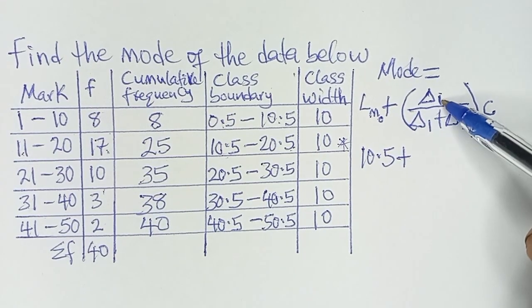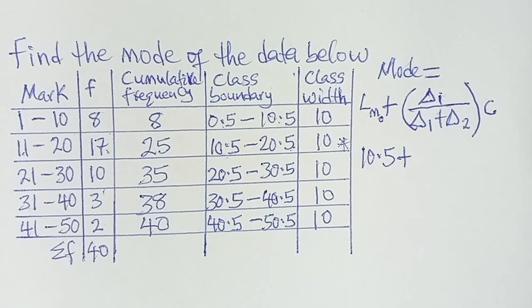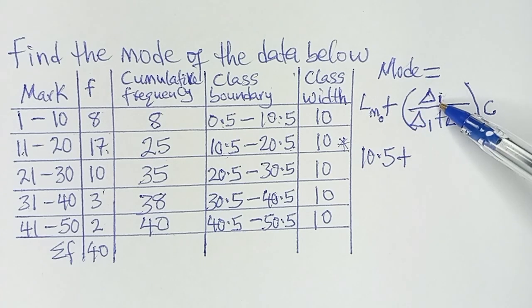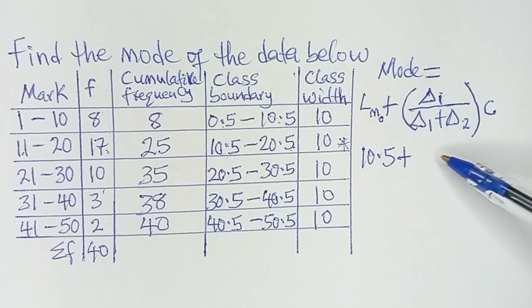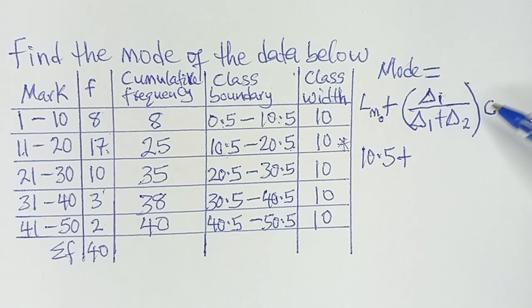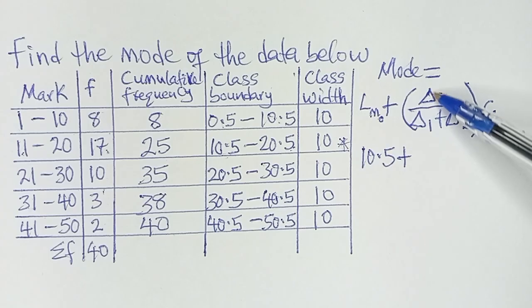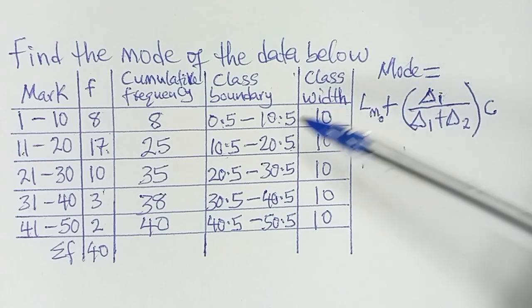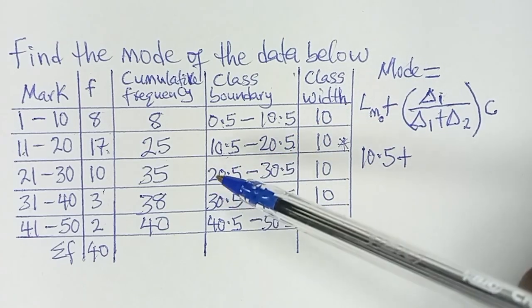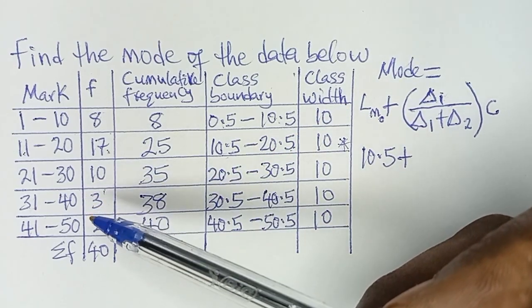Now this delta 1, this sign is representing change. So this delta 1 is the difference between the frequency of the modal class and the frequency of the class after it.